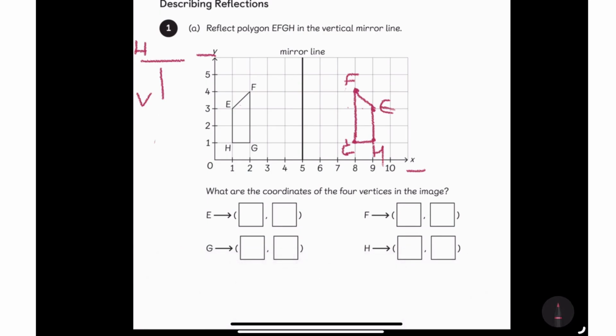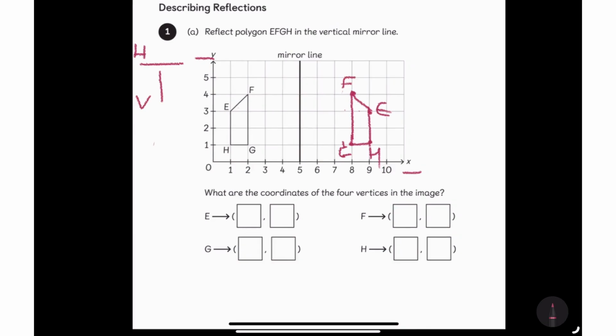Now, what are the coordinates of the 4 vertices in the image? So first they have asked for E. If I see E, we always start from the x-axis. Please do not forget that.